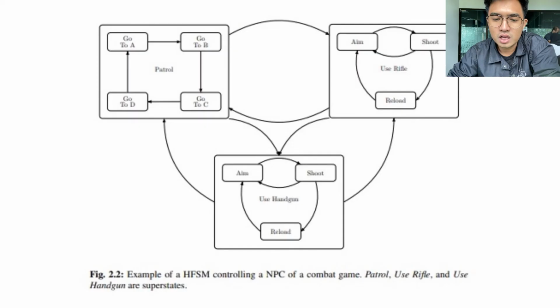For example, in the HFSM depicted in the figure, while in the substate inside use handgun, the character holds the weapon using one hand, whereas while in the substate inside use revolver, the character holds the weapon using two hands. Thus, there is no need for the substates to specify this property. Instead, it is inherited from the superstate.